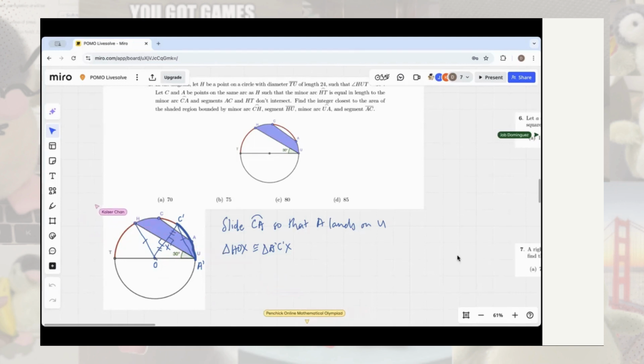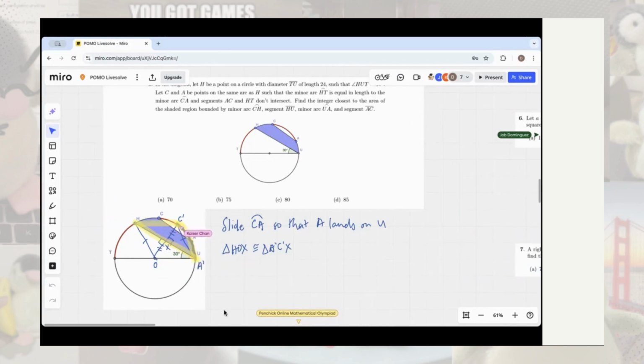So that will mean that we can move the shaded region. Okay, so now let's go back to the areas. So essentially the new area will look something like, we'll use a highlighter, it will look something like this, right?